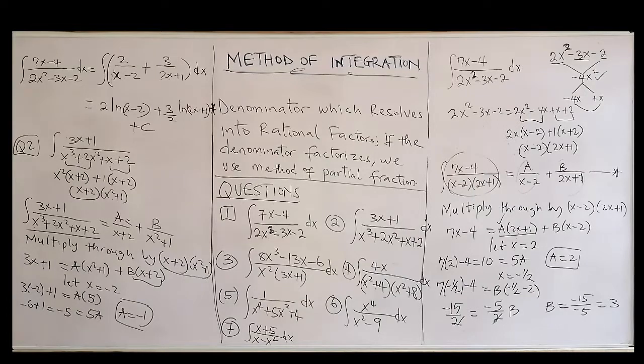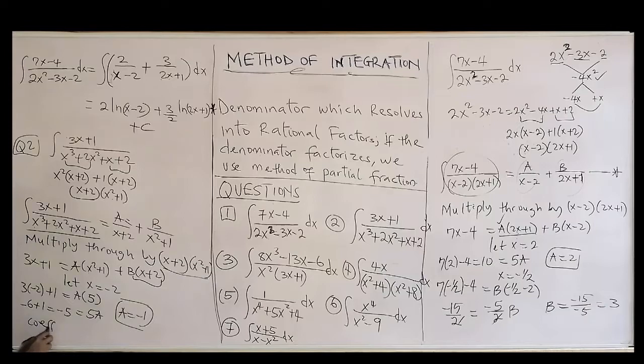So that one is established. Then how will I get my b now? I can use any value. If I don't want to equate the coefficient, I can use any value, but let's equate coefficients. Equate coefficient of x.